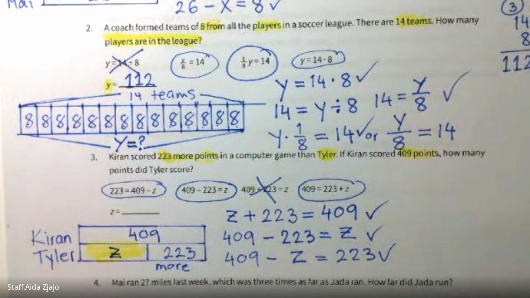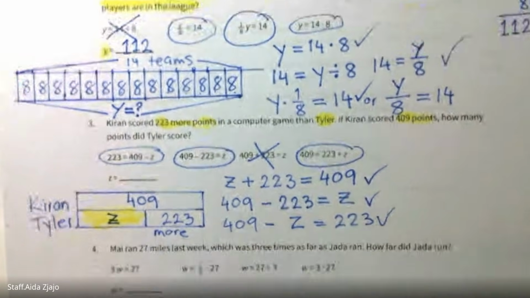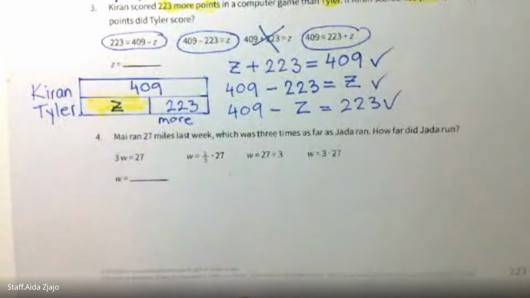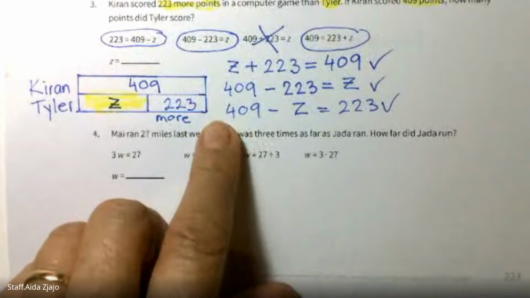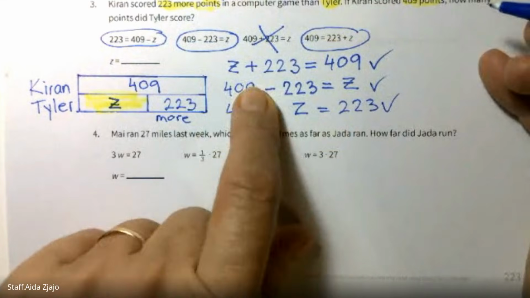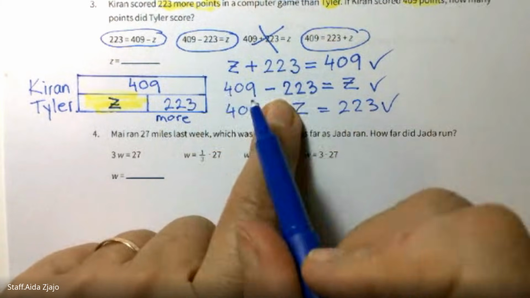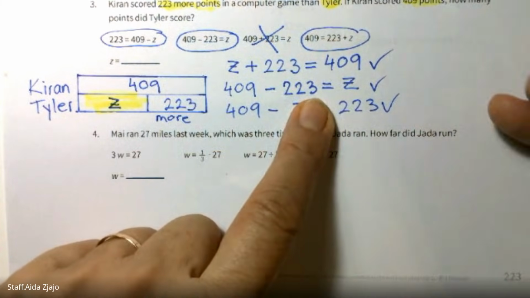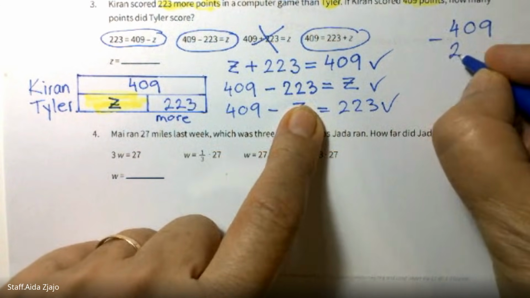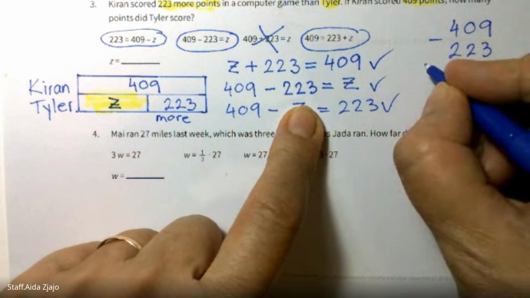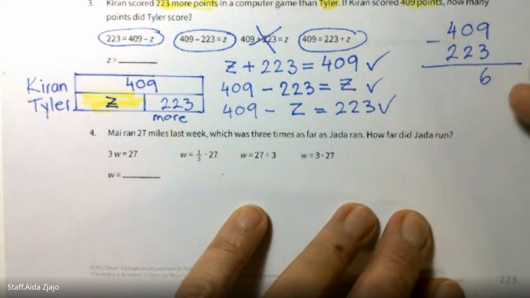Okay. Now the next one is the solution for Z. So I can do 409 minus 223. 9 minus 3 is 6.